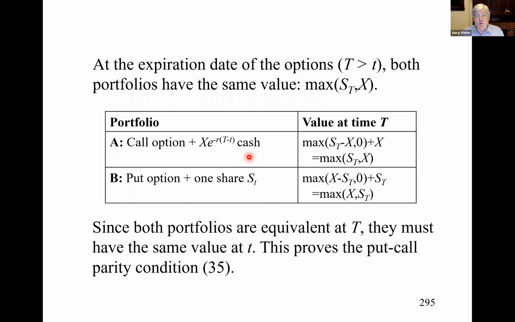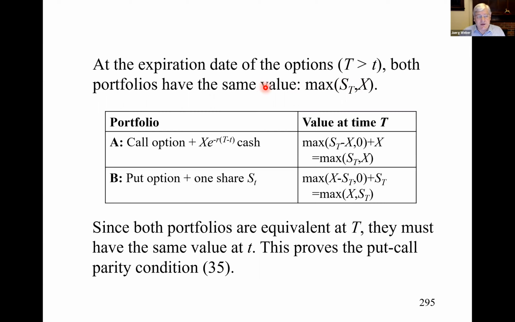Now let's move ahead to time big T when the option expires. At that time, both portfolios will have the same value. Actually, the maximum of the share price at time big T or the strike price, whichever is bigger, will be the value of those two portfolios.